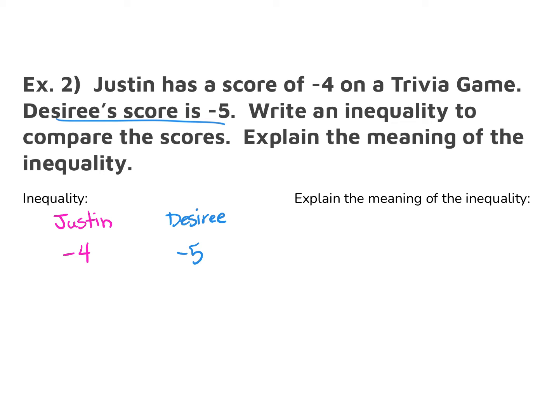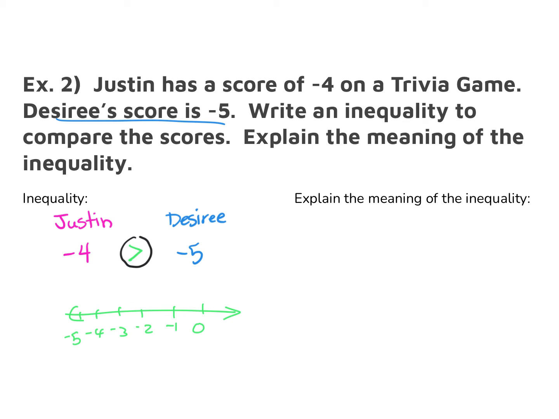And then I need to compare using greater than or less than. I know that -4 is closer to 0, and it's further to the right on the number line. So if I had 0, -1, -2, -3, -4, -5, -4 is greater than -5.